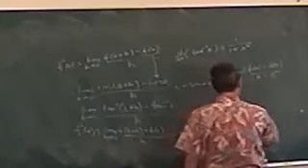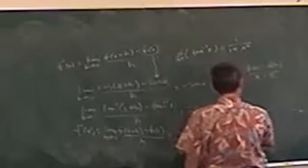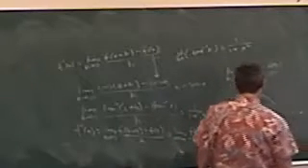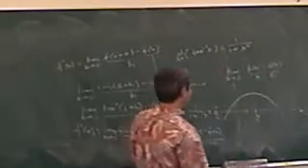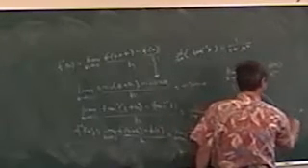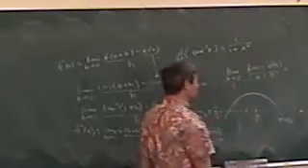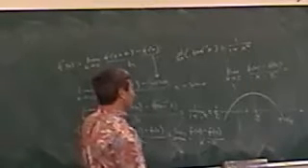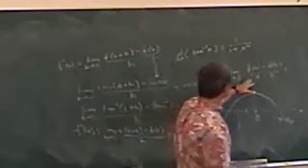Here is the graph of the function y equals f of x. What is this equal to? First of all, what is this? That's the definition of the derivative. This is equal to f prime of 2.